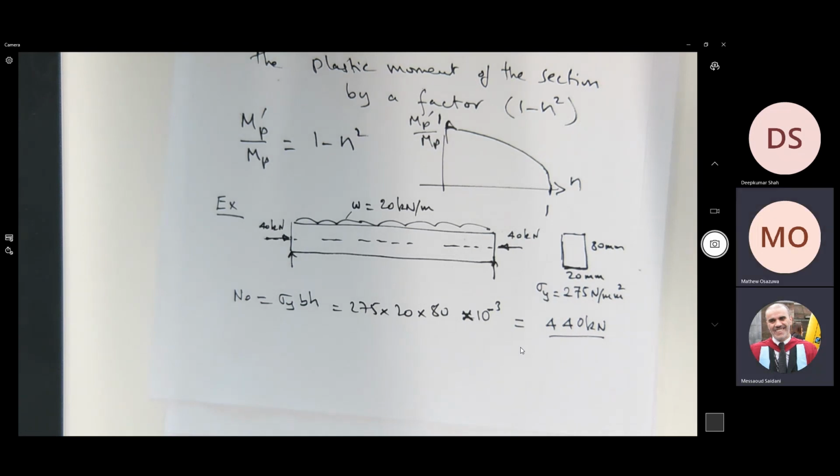No. We know N0, 440. Do we know N, capital N? What's this? That's the compressive force. That's given. That's why I said pay attention. Look at all the parameters, please.